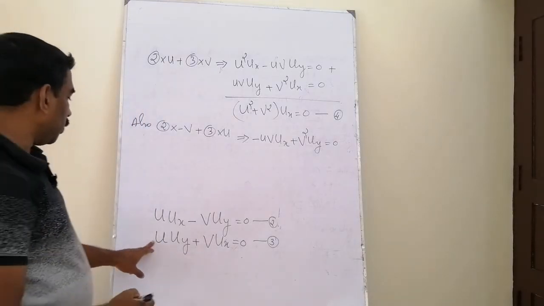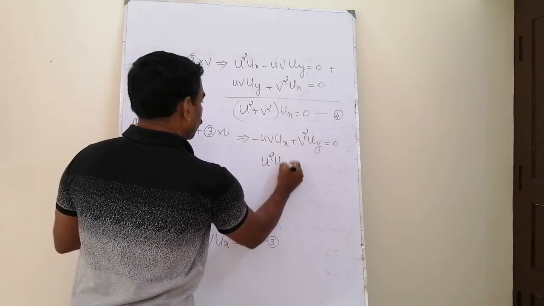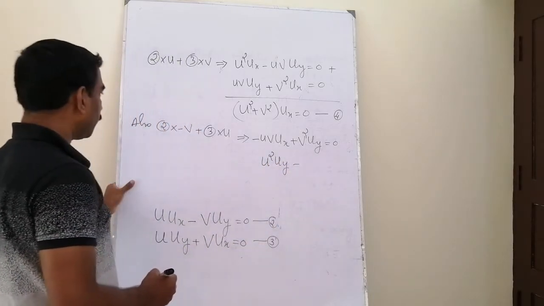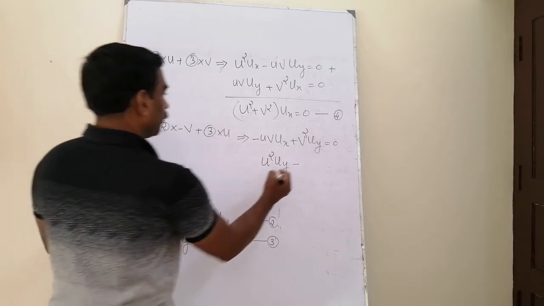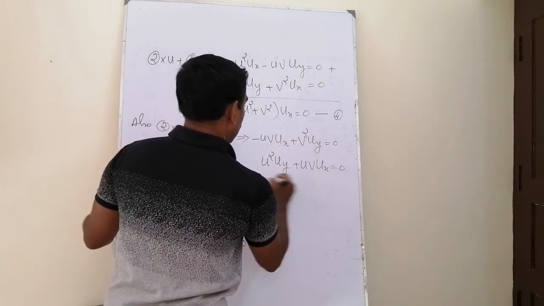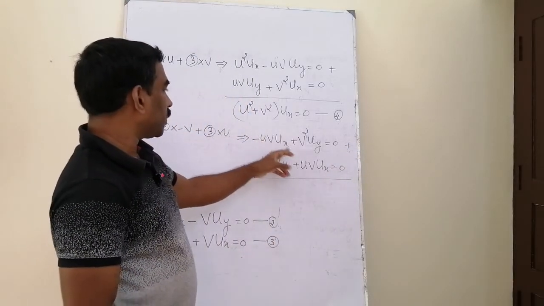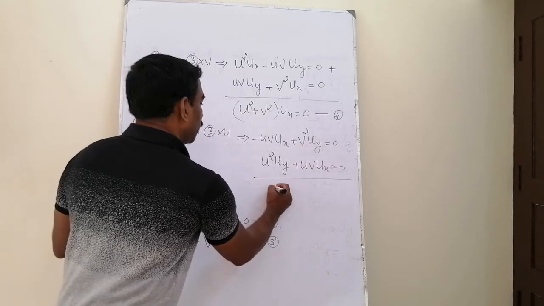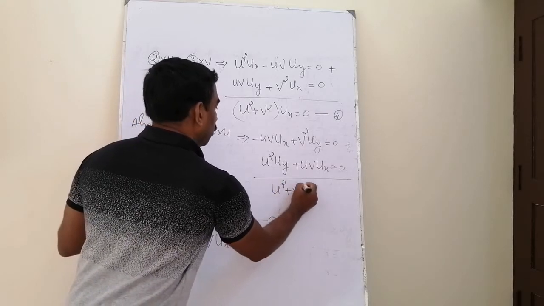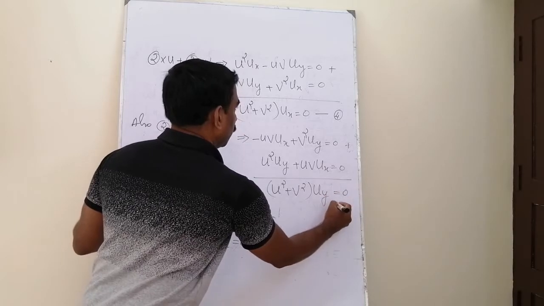And next the third equation with u, that is u square uy plus uv ux equal to 0. Adding these two equations, this ux term gets cancelled and we are left with u square plus v square into uy is equal to 0.